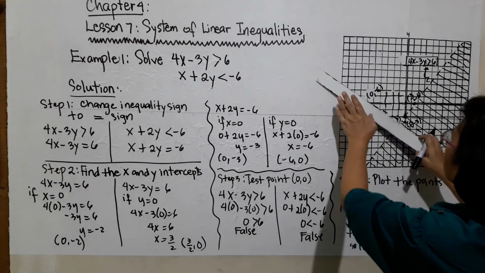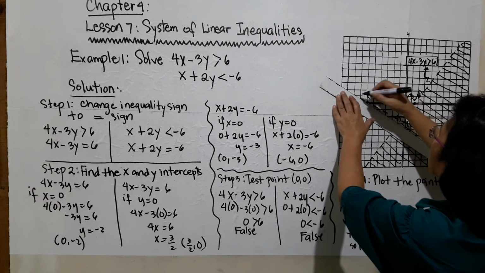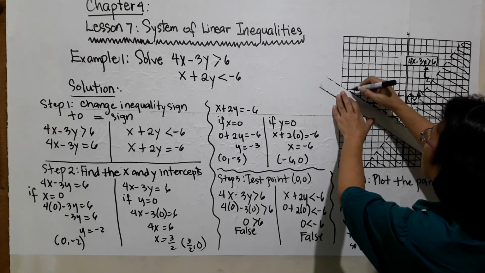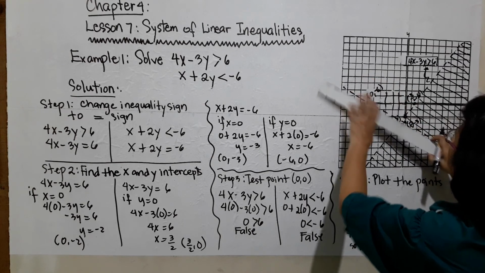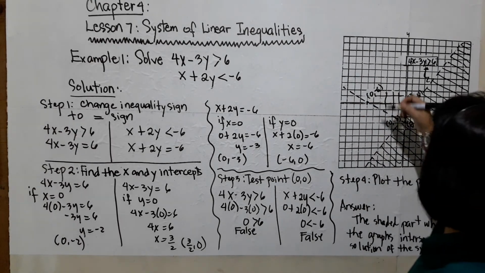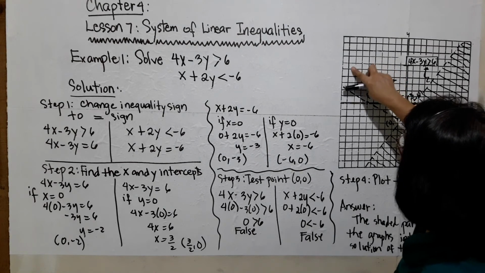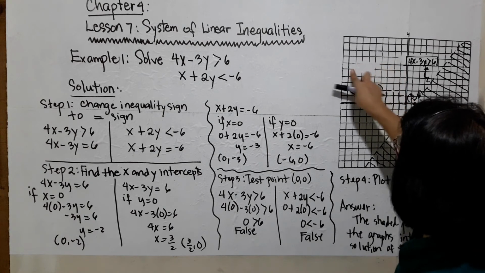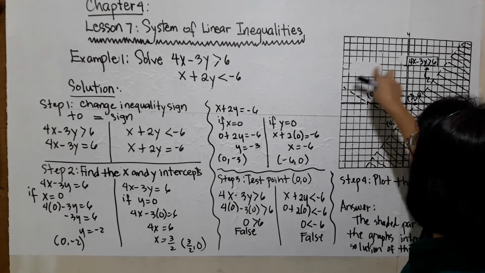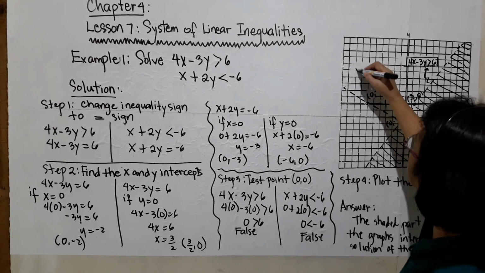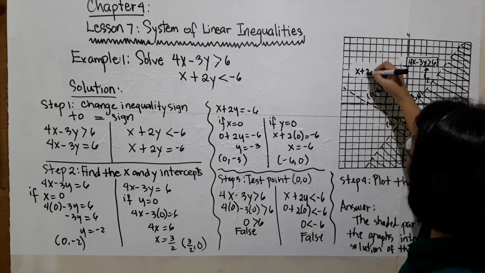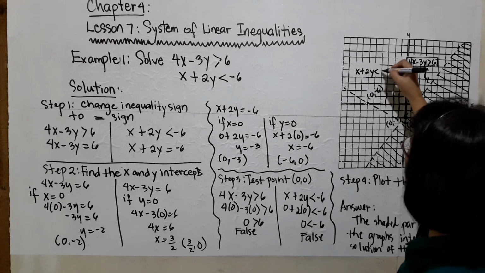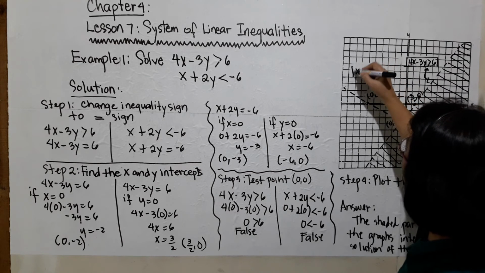Okay? So this is the graph for the second inequality, x plus 2y less than negative 6. Okay?